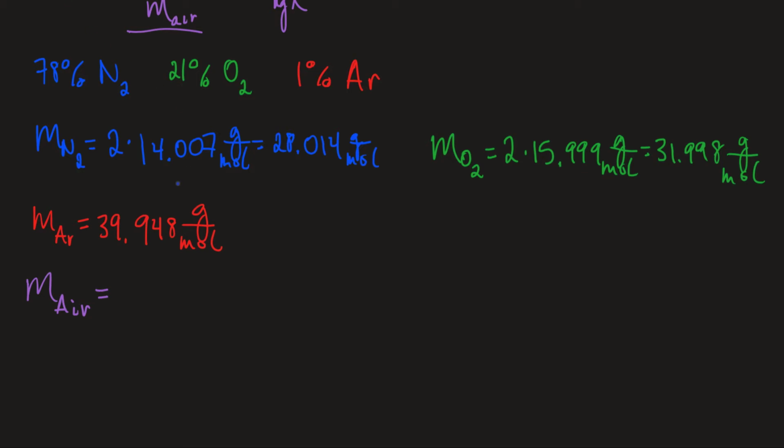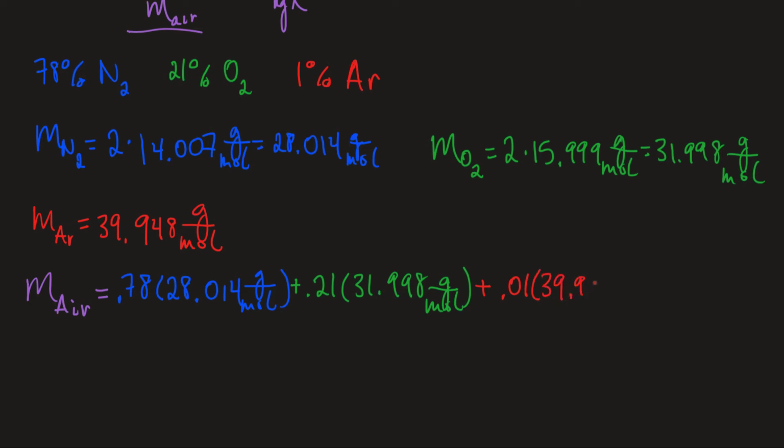So we'll look at nitrogen first: 0.78 times the molar mass of nitrogen, 28.014 grams per mole, and we'll add the molar mass contribution of oxygen gas, 0.21 times 31.998 grams per mole. And we'll finally add the contribution of argon, plus 0.01 or 1% times 39.948 grams per mole.